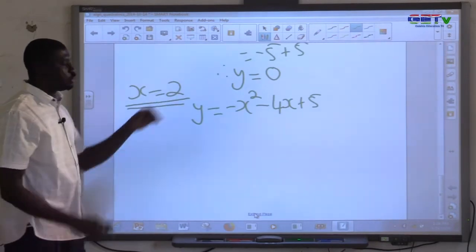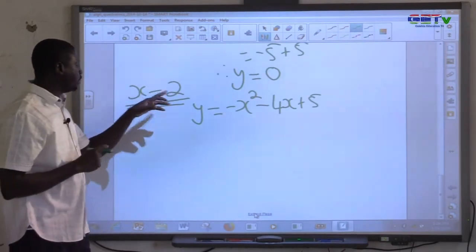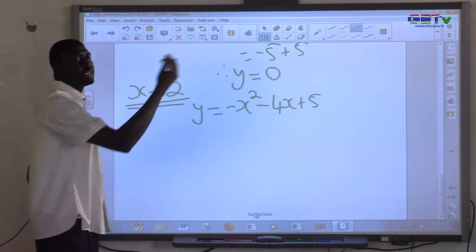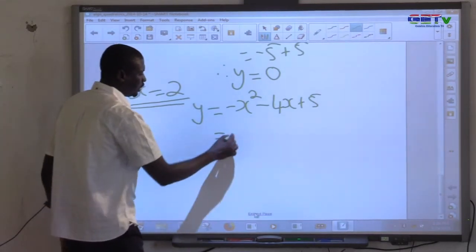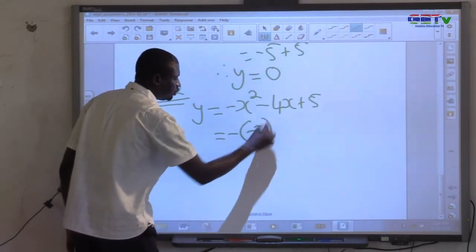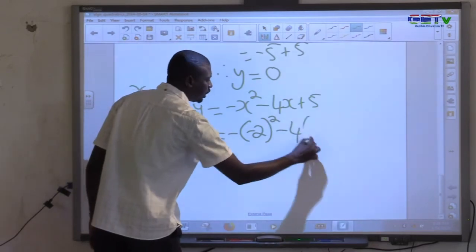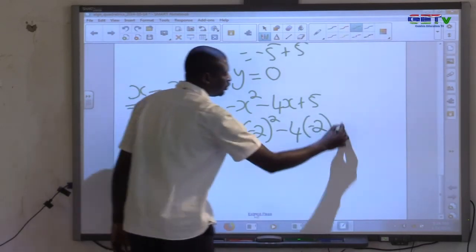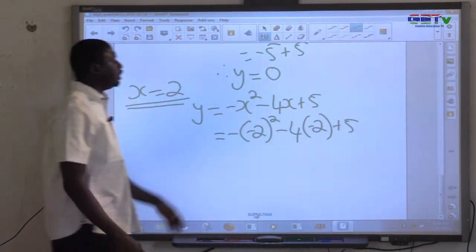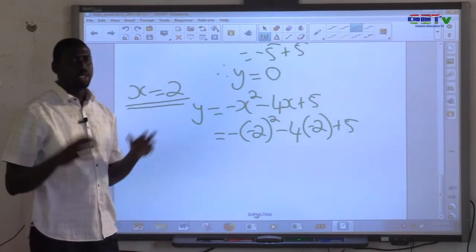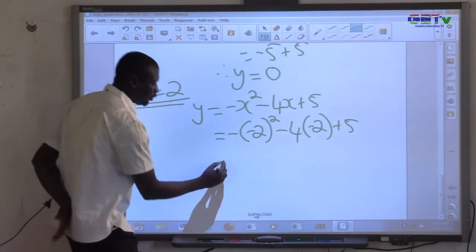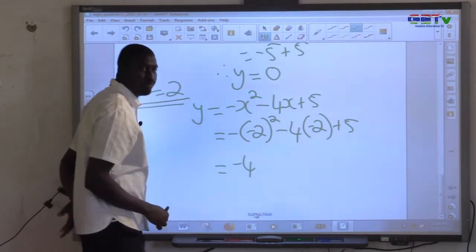When x is equal to 2, if I substitute in place of x there 2, we'll get the y output. That is negative 2 squared minus 4 in bracket negative 2 plus 5. Negative 2 squared will be 4, so we have a negative in front of it, so it will be negative 4.